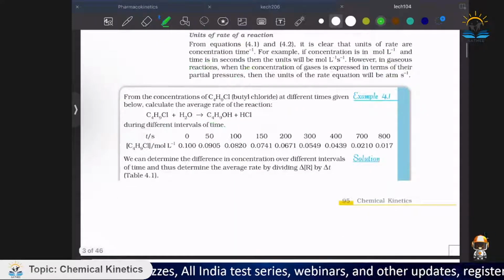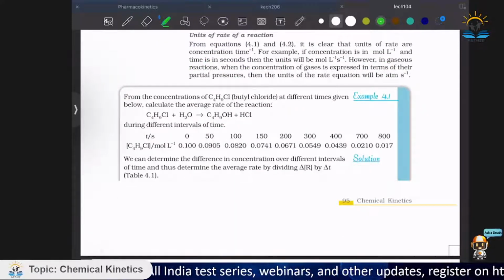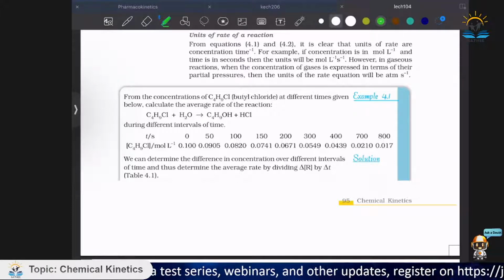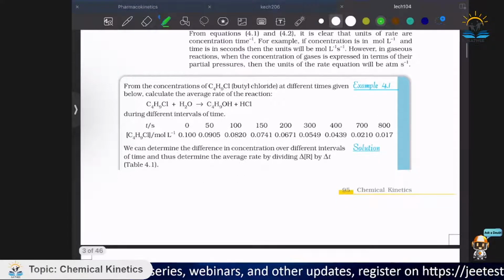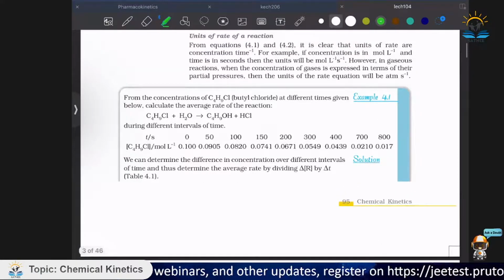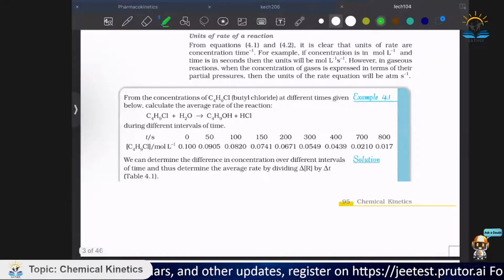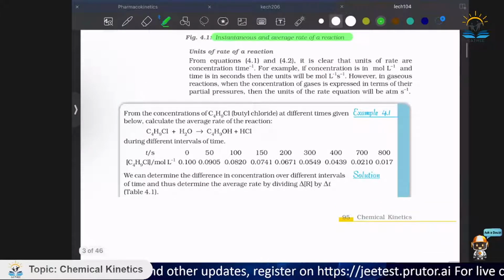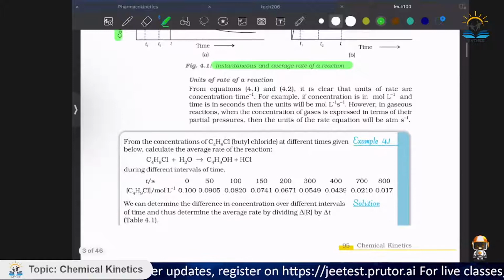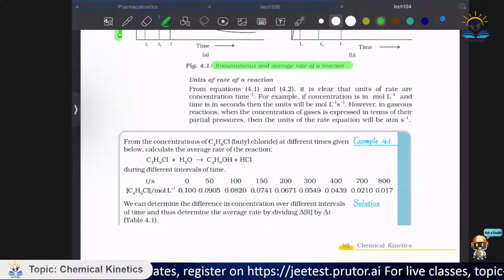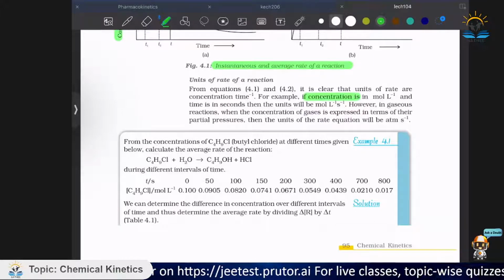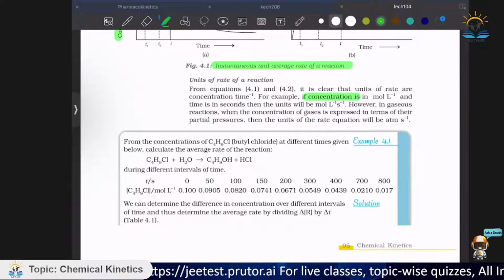Moving on, units of rate. Basically, what are the units of rate? The units of the rate will basically be the unit of concentration divided by the unit of time.